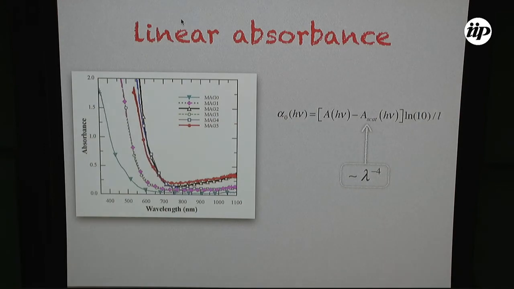Why did we choose 800 nanometers and not another wavelength? The idea is that if you have the linear absorption as a function of the wavelength of the laser, you see that here you have the minimum of the absorption. So we choose this point.